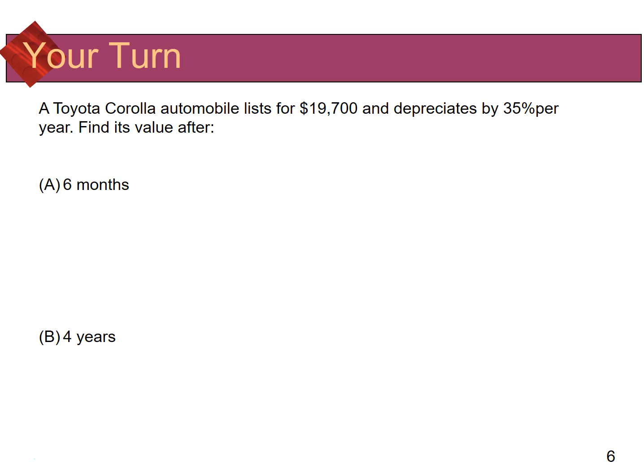Okay, so our starting amount or starting value for this car is $19,700. I'm losing 35% per year. So I need to come up with a formula that describes the decaying of its value. I'm going to start with the compound interest formula.